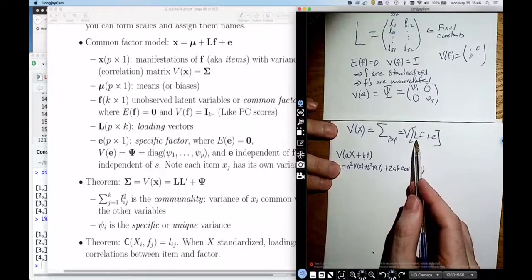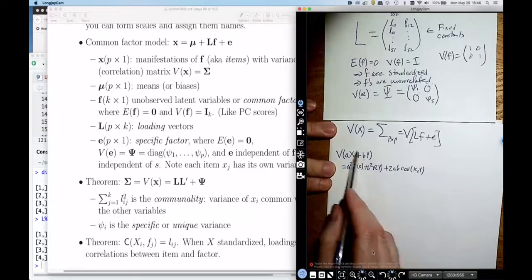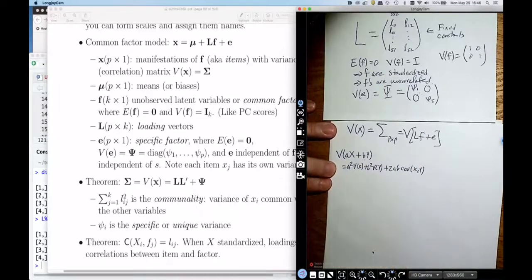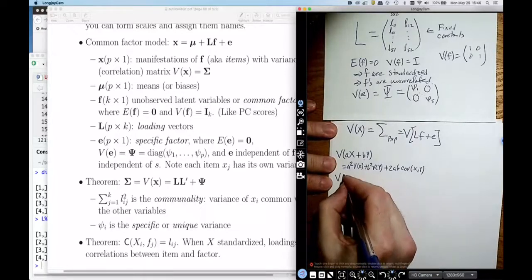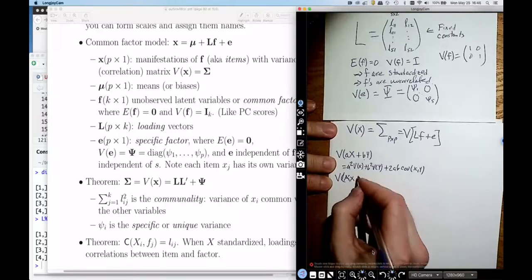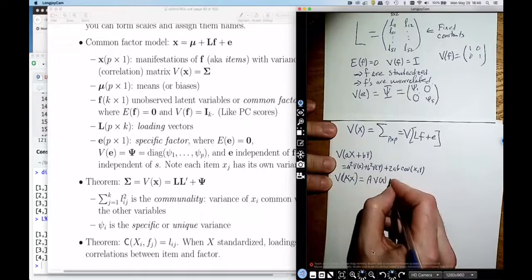Now remember, these L's are constants, and this has to get squared, but this is a matrix. And so there's an equivalent version of this formula for matrices. And basically what it says is this. If you have some matrix A times X, this is just going to be A times the variance of X times A transpose.